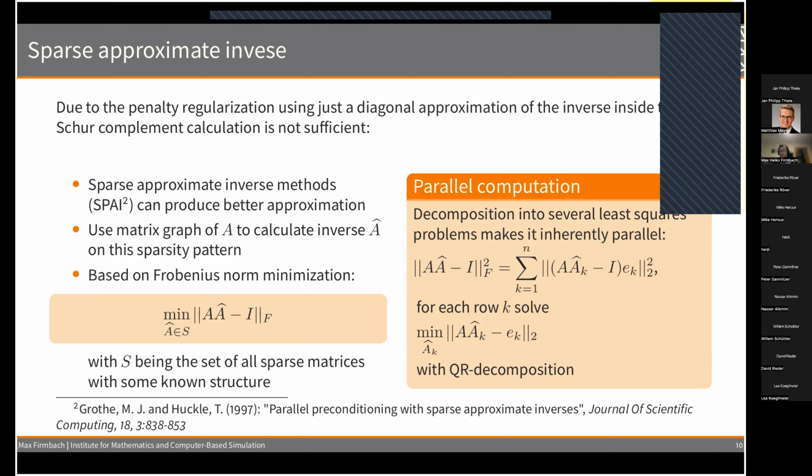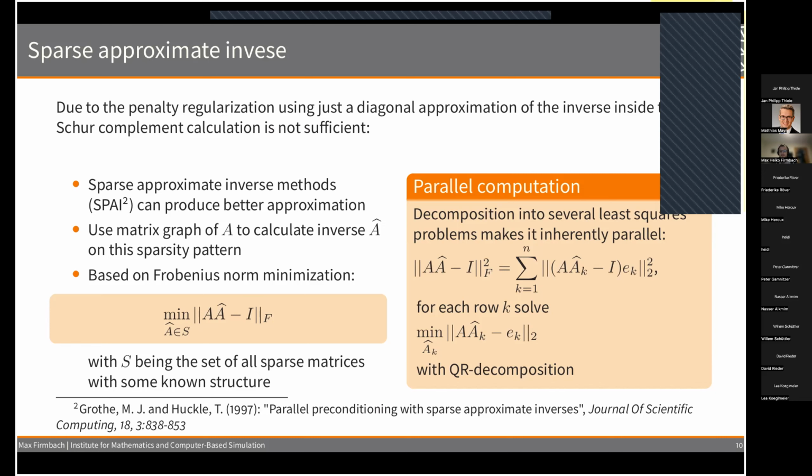So we try to minimize this under the Frobenius norm to get some kind of good approximation in terms of the sparsity pattern we choose. And the sparsity patterns we can choose are here, this is called just S, which is the set of all sparse matrices with some known structure. And we can pick some known structure and try to approximate the inverse on this.